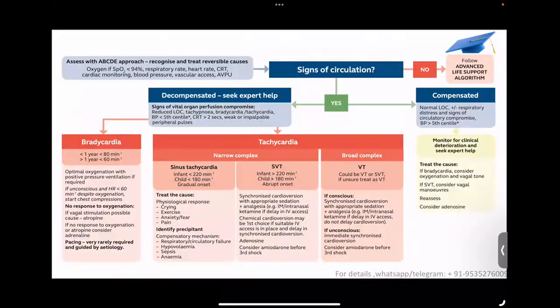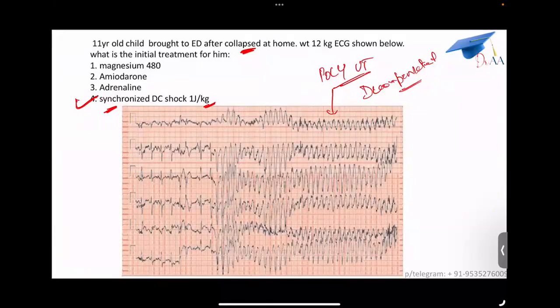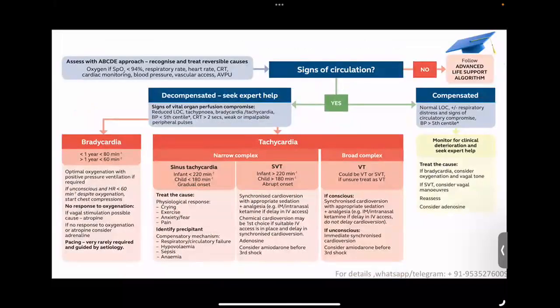Sir, patient collapse means we can't take it as cardiac arrest, no? It's just a collapse, it's not a cardiac arrest. If they say there is no respiratory effort, or no signs of life, or no central pulse, then you can consider it as a cardiac arrest. These are the things you need to look out for in the stem of the question. It's just a collapse, not an arrest. So why not magnesium?